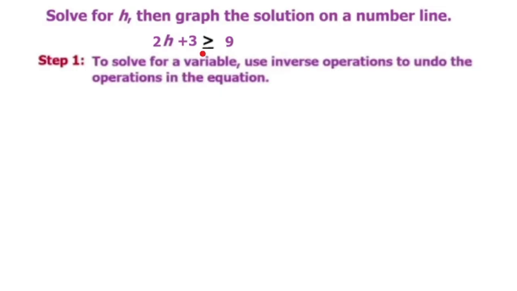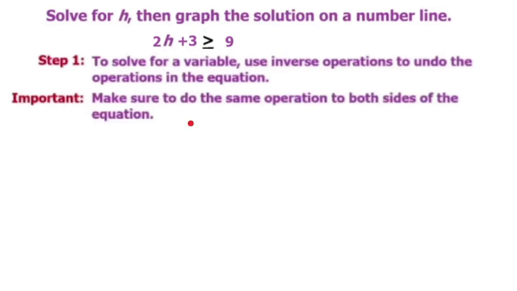So important, make sure to do the same operation to both sides of the equation, okay? So we're going to do inverse operations to get h by itself, and we have to do the inverse operations to both sides of the equation, okay? Just like how we would do to any regular equation that we've done before.